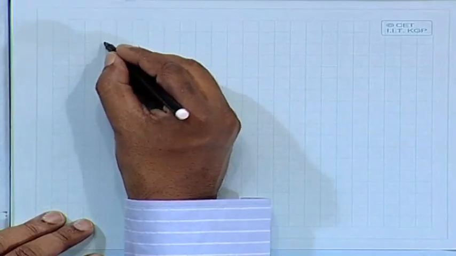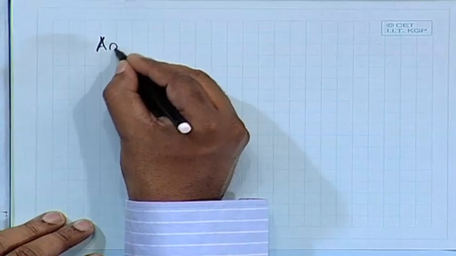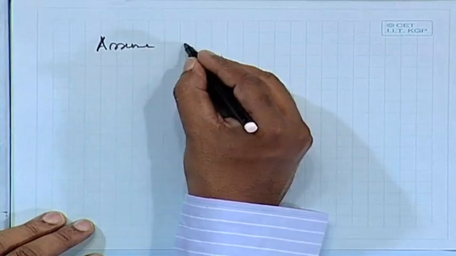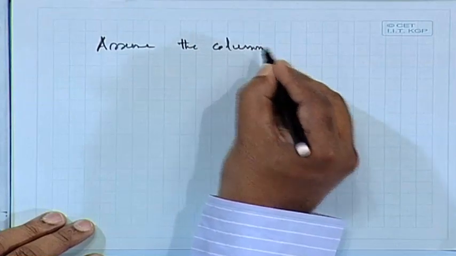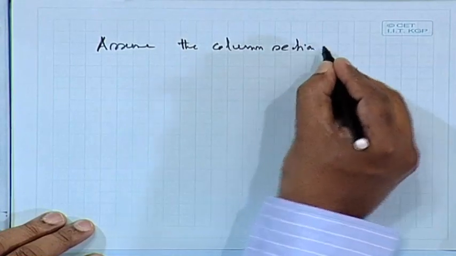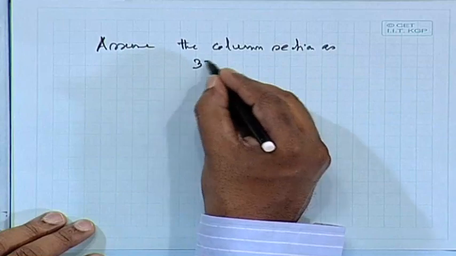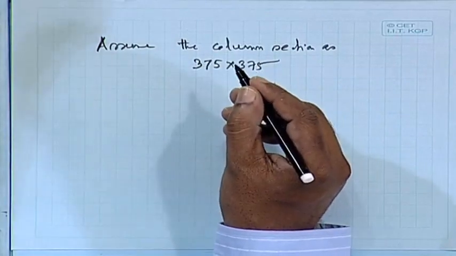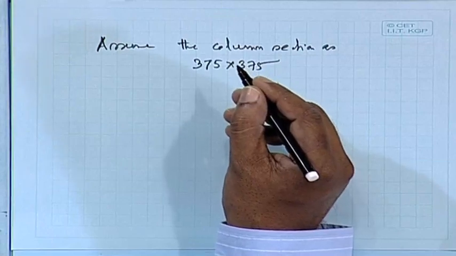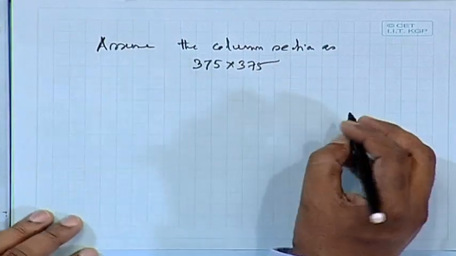Okay. So, let us take the section then, assume the column section as 375 by 375. We shall take that column section as 375 by 375.